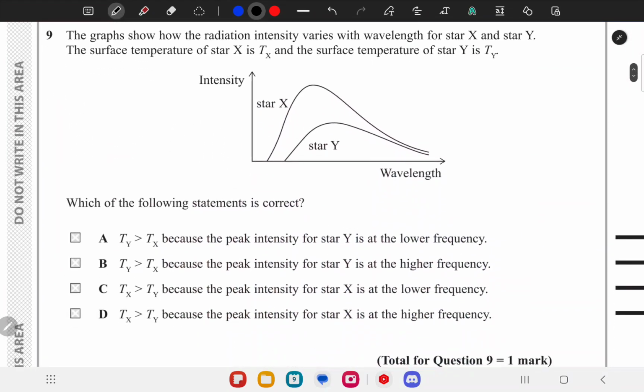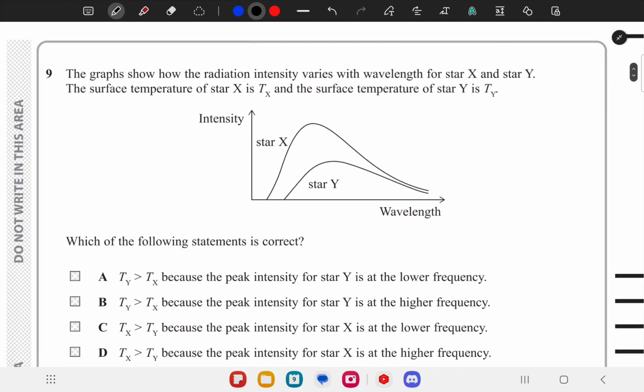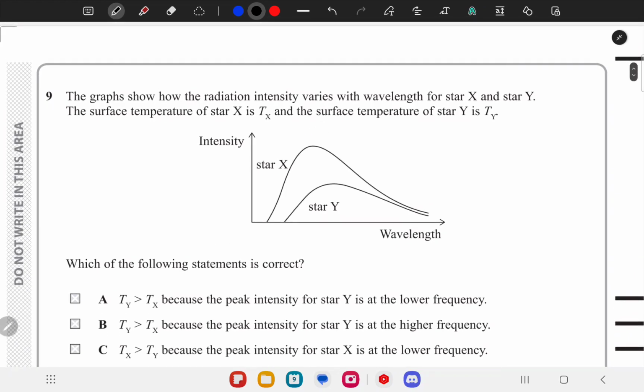Now for question 9, we are given the intensity wavelength graph for two different stars. We have to use Wien's law over here. For star X, this is the peak wavelength. For star Y, this is the peak wavelength.